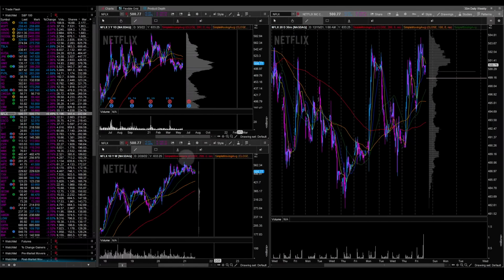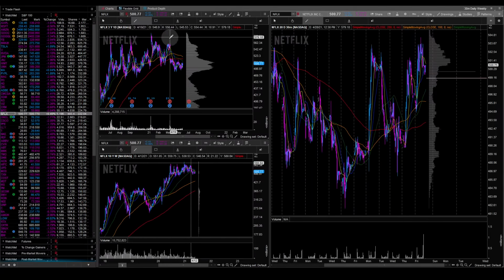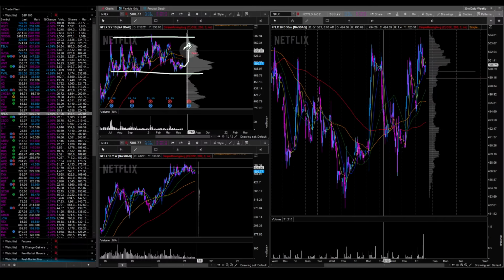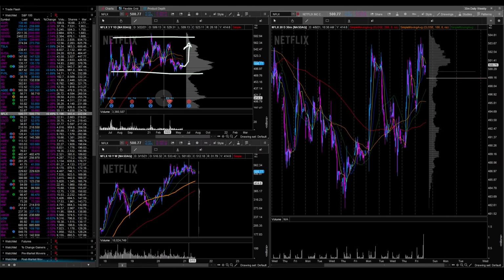Netflix, bottom of the range. Been saying most likely Netflix will curl back up into this greater range. So I still think it's a buy. I think Netflix will probably be weak with the rest of the market.